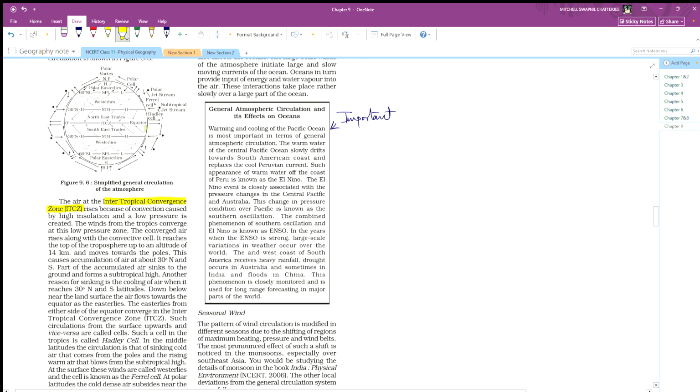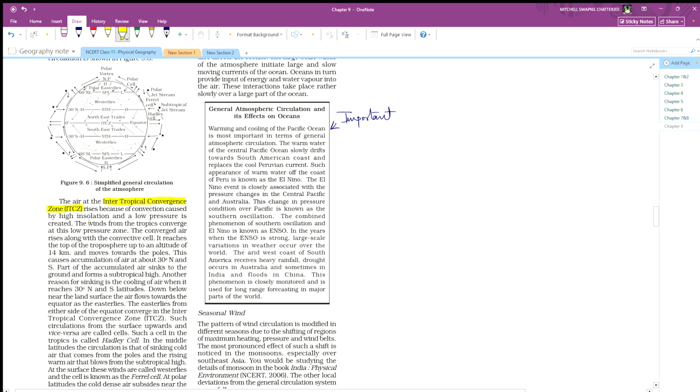That's why, due to insolation, convection happens, the air gets heated up and rises, and due to this rise low pressure is created.